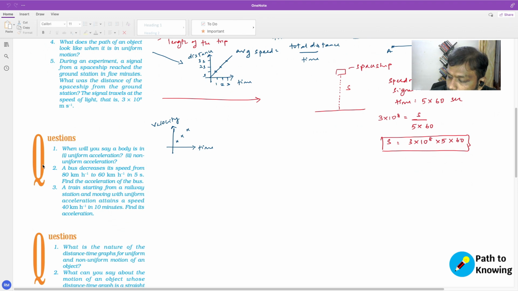So it will be a straight line. The path will be a straight line on a velocity-time graph.